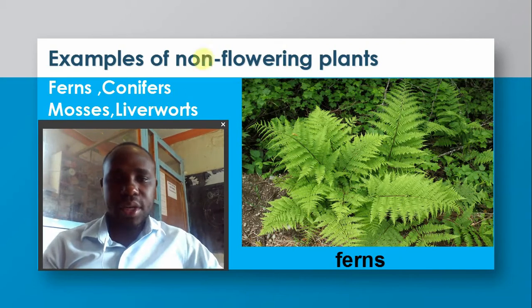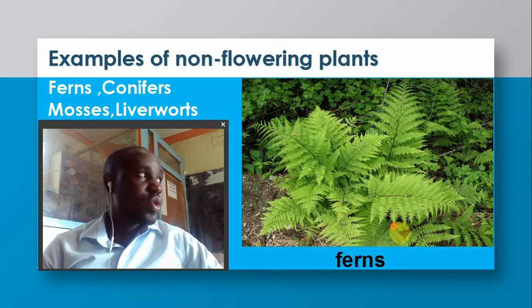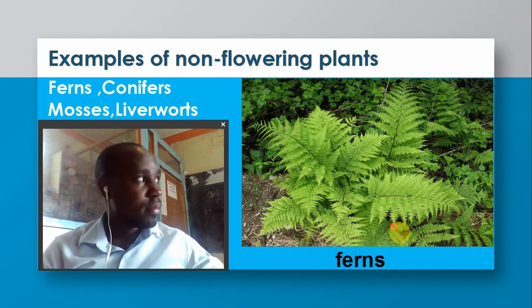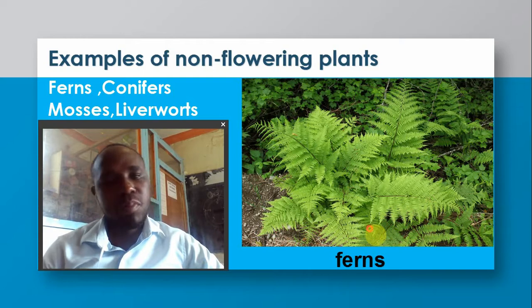Then let's go. On my screen, you can clearly see that is an example of ferns. It is so common in areas. So what happens? It grows. After growing, it will bear some spores.